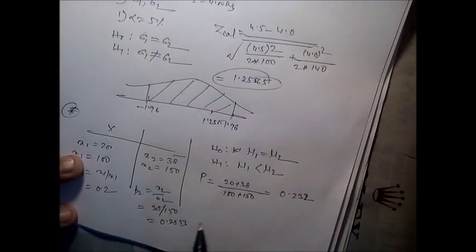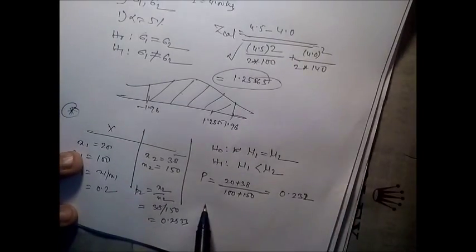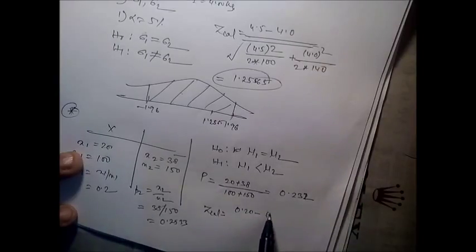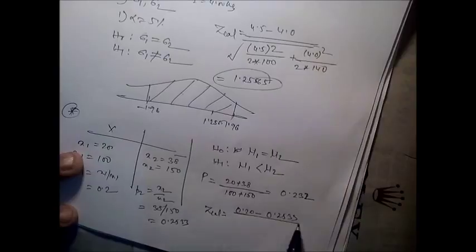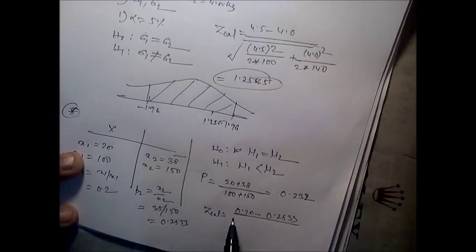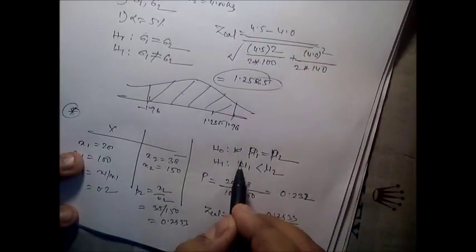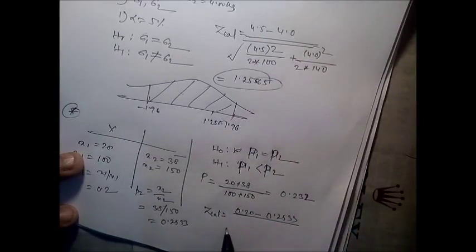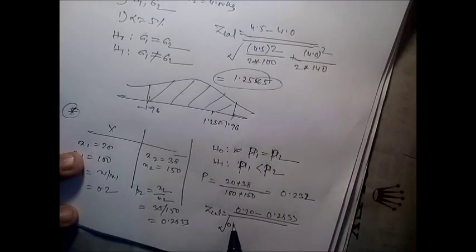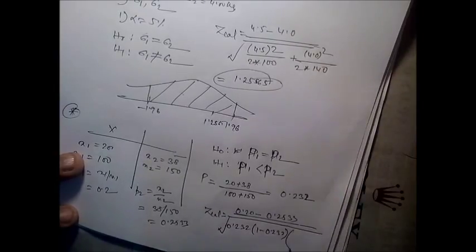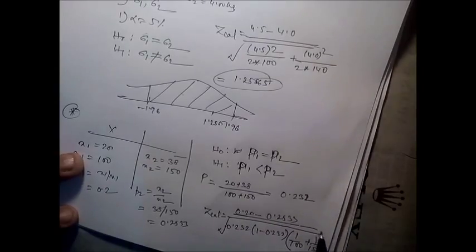So under the H0, the statistic is what? 0.20 minus 0.2533, okay, so here should be P1 minus P2, sorry, and here it is 0.232 times 1 minus 0.232 times 1 by n1 plus 1 by n2.